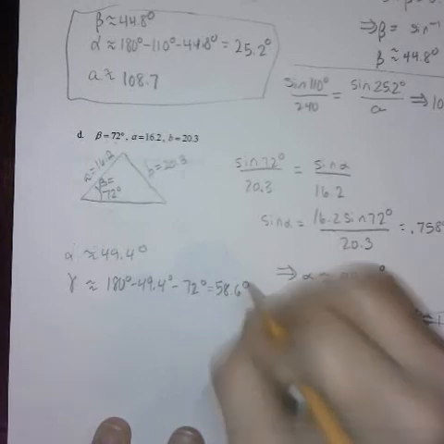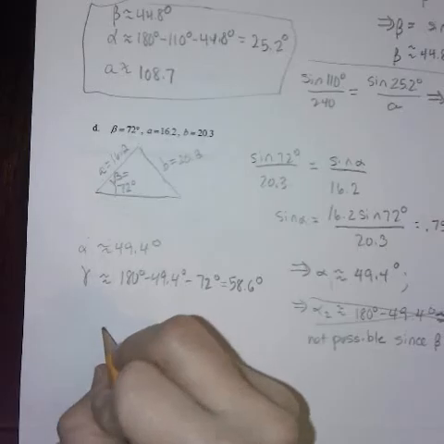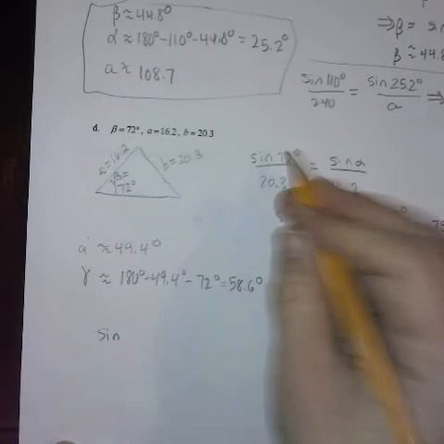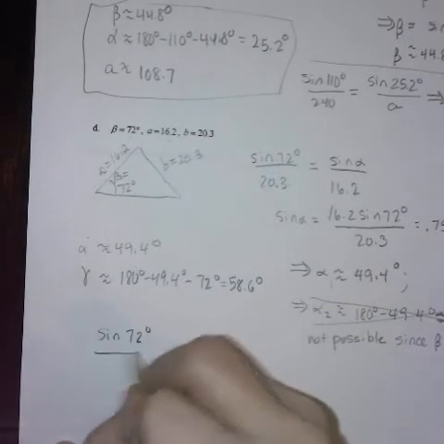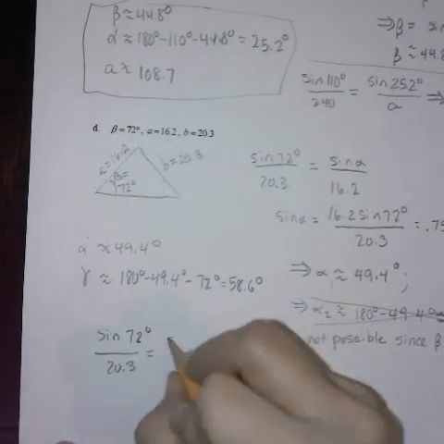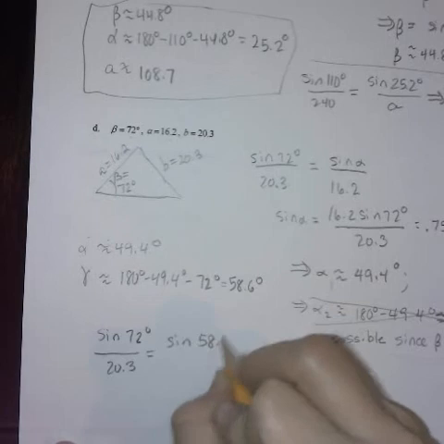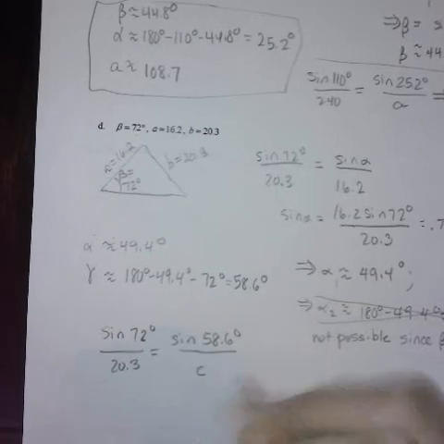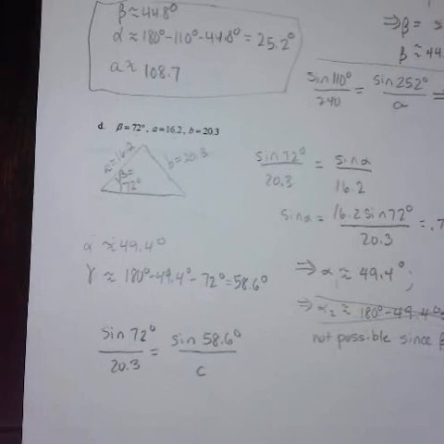And then we need to find C. So sine, we'll use 72 degrees over 20.3 again, equals sine 58.6 degrees over C. And then I'll just quickly throw this in my calculator without writing anything else down.